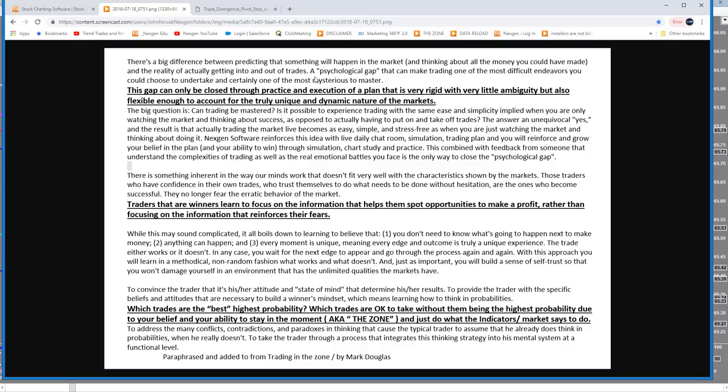There's a psychological gap. And that's what makes trading difficult for most people. The gap can only be closed through practice and execution of a plan that is very rigid, very little ambiguity, but also flexible enough to account for the truly unique and dynamic nature of the markets. I wrote that sentence technically.